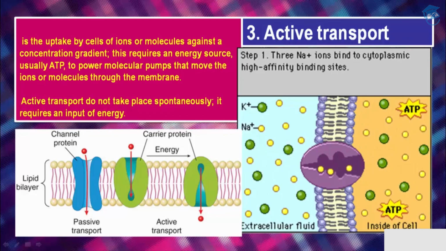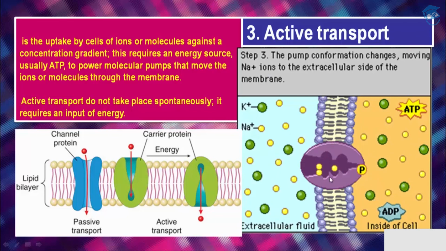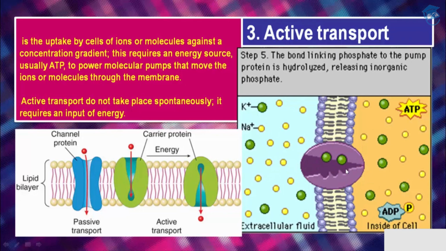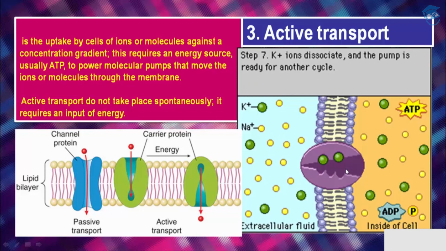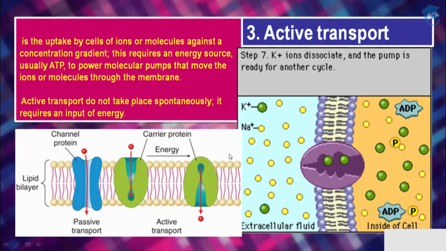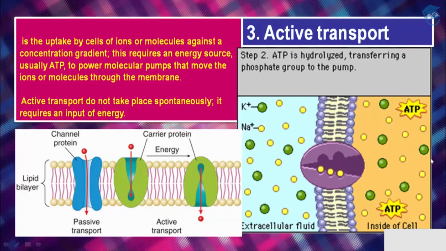So this process goes on and on. That means 3 Na+ are exchanged with 2 K+. That is, 3 sodium ions are exchanged from inside of the cell to the extracellular fluid, and 2 K+, that is 2 potassium ions, go from the extracellular fluid to the inside of the cell.